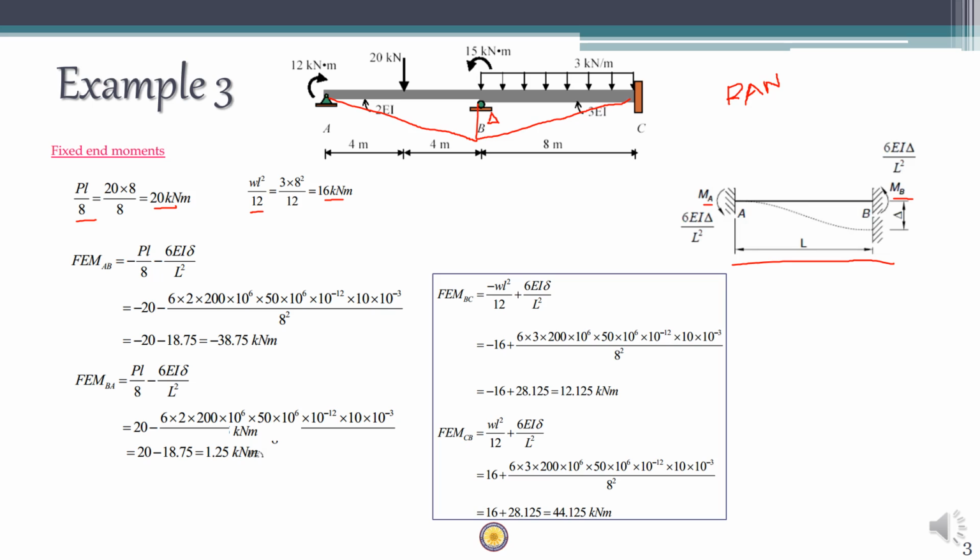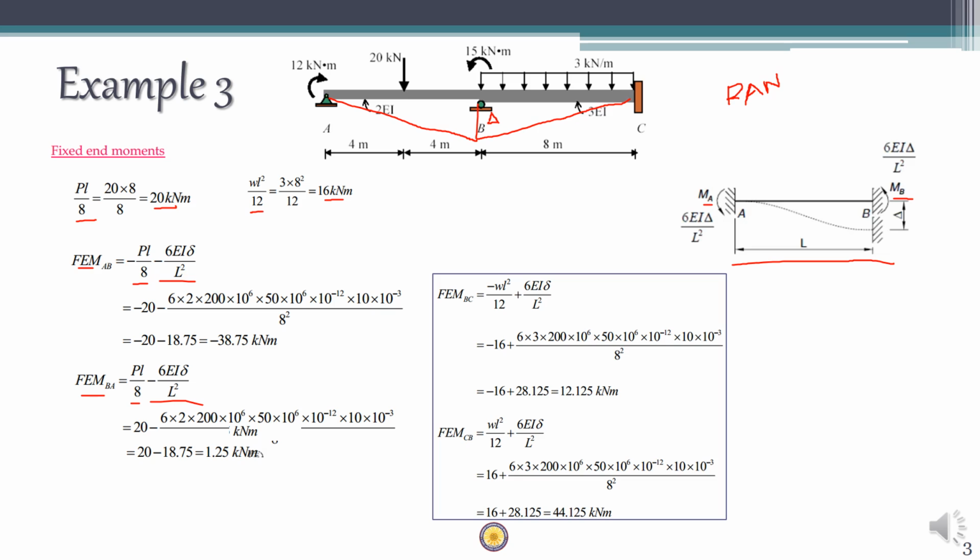FEM AB is going to have a minus 6EI delta by L square. Similarly, FEM BA is also going to have a minus 6EI delta by L square. The contribution of the point load in FEM AB is also minus, because on the left-hand side we have an anti-clockwise moment due to the point load, and the point load causes a clockwise FEM on the right-hand side. So FEM BA is equal to plus PL by 8.